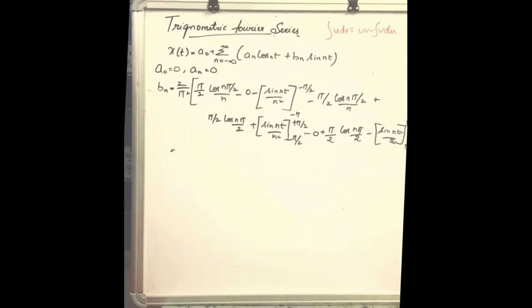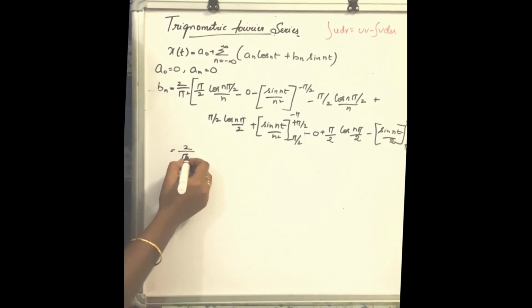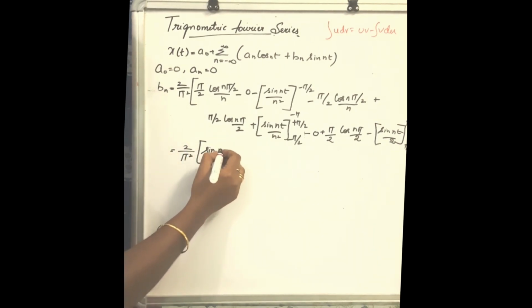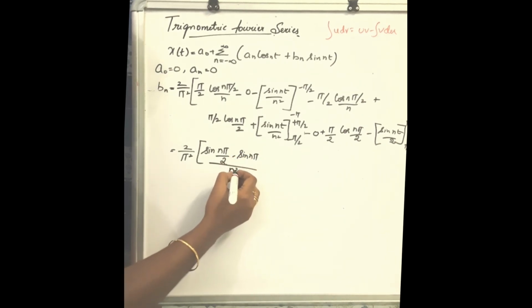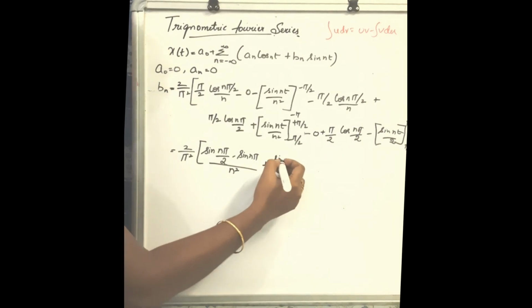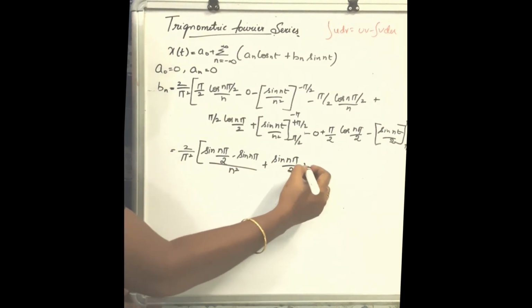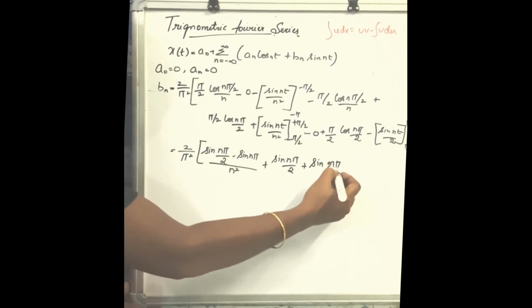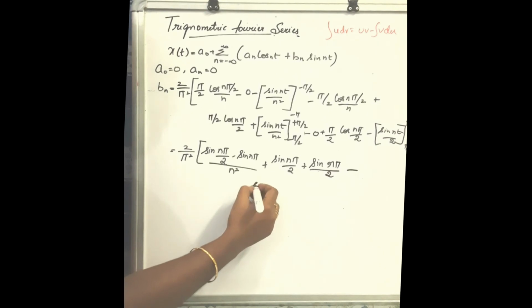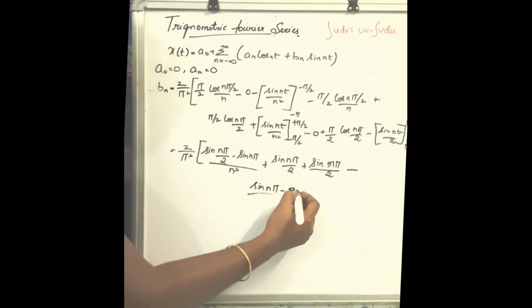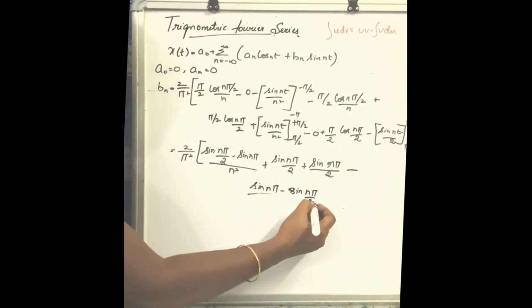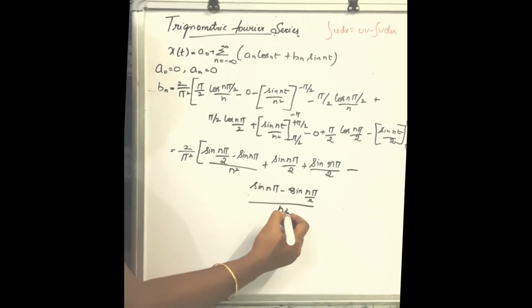On further solving this, we will get 2 by pi square times sin n pi by 2 minus sin n pi, the whole divided by n square, plus sin n pi by 2 plus sin n pi by 2 minus sin n pi, minus sin n pi by 2, the whole by n square.